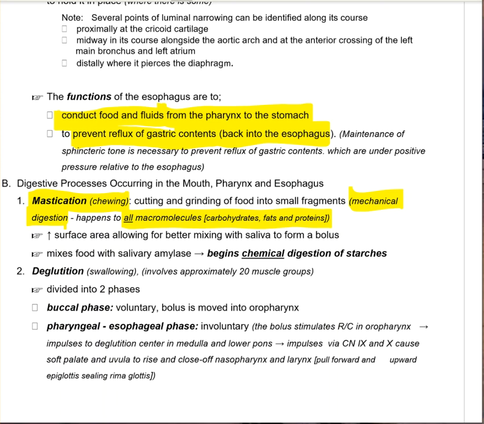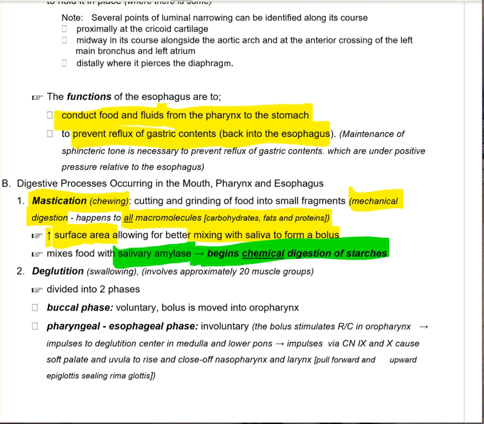Okay? When we chew, we're increasing surface area, which mixes the saliva to form a bolus. All right? And that allows the salivary amylase to now mix, and we get the starting of chemical digestion of starches, like we mentioned earlier.